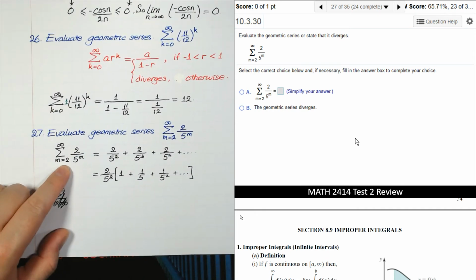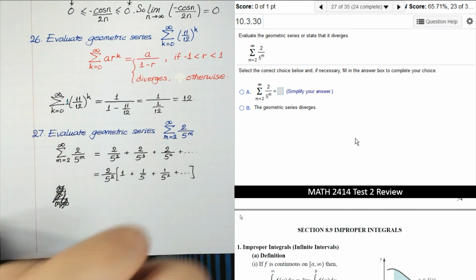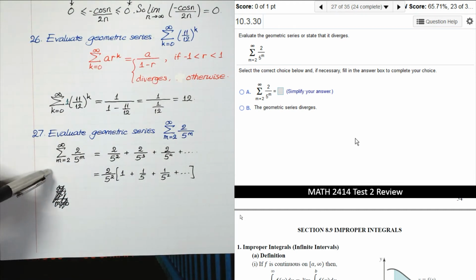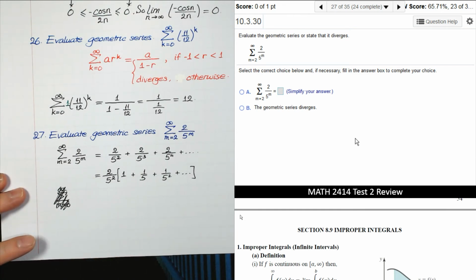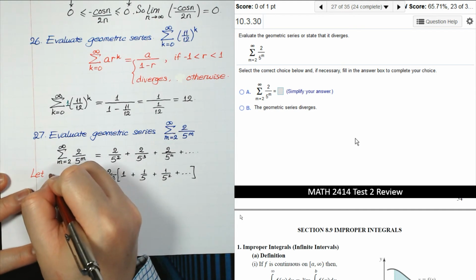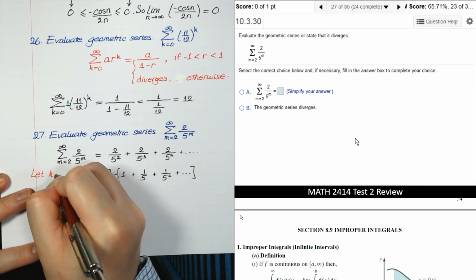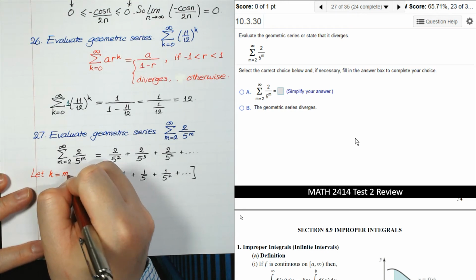Right, so we need to start from 0. How do we do that? If this starts at 2 and we want it to be 0, why don't we just subtract 2? So we let k be m minus 2.